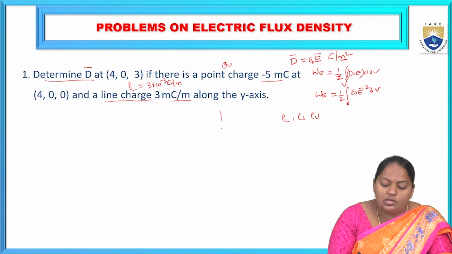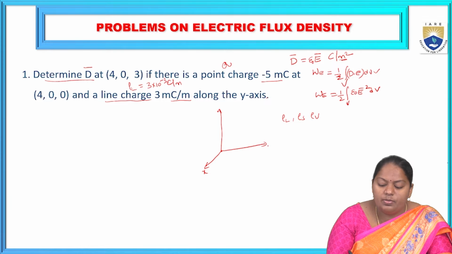If you consider a three-dimensional view with axes x, y, z, the point charge Q of minus 5 millicoulombs is located on the x-axis, and along the y-axis we have the line charge, rho L equal to 3 millicoulomb per meter.